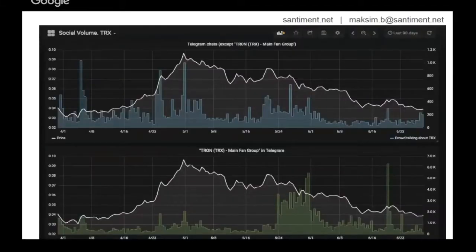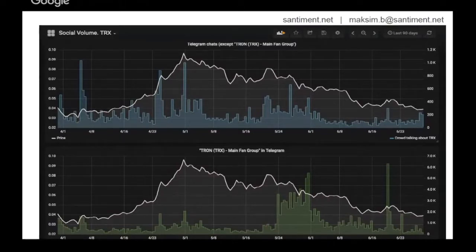Similar things, but from a more detailed perspective, you can see from specific projects too. For instance, in this example, we took Tron. It's a quite hyped and discussed project in the crypto space. We've been collecting all the messages from Telegram channels, and we split them between channels which belong to the Tron community and those which are not part of the Tron communities.